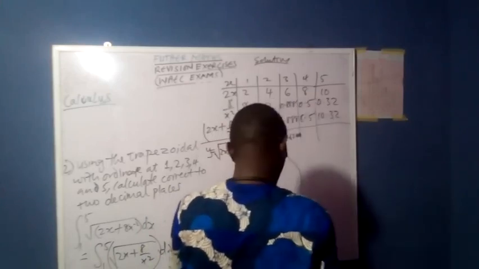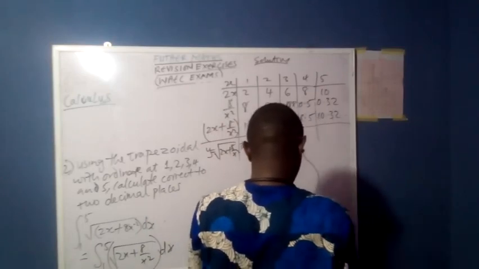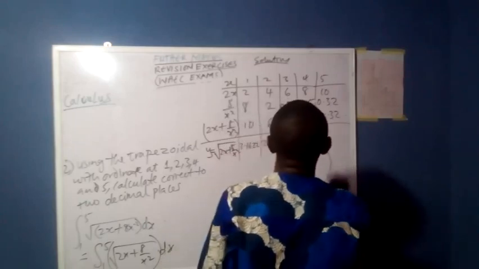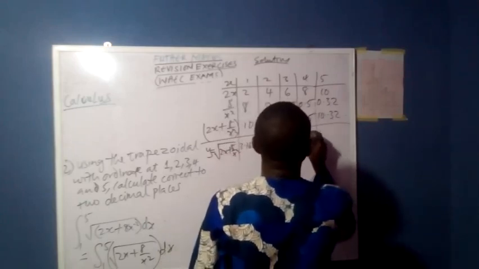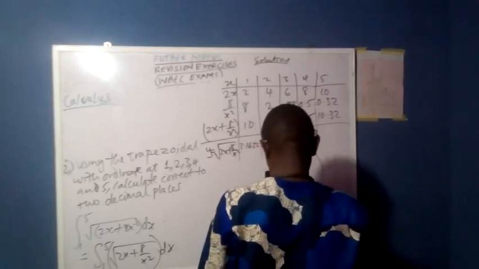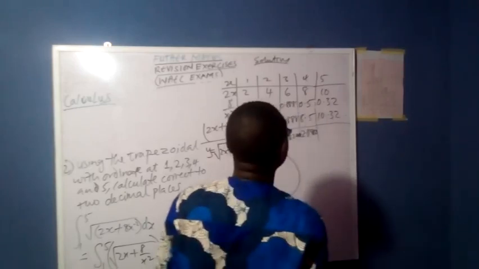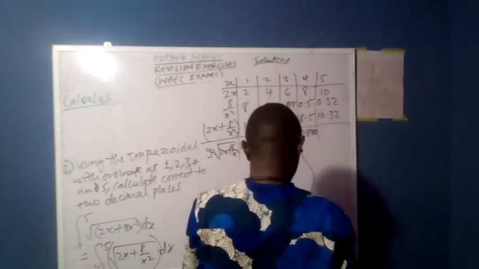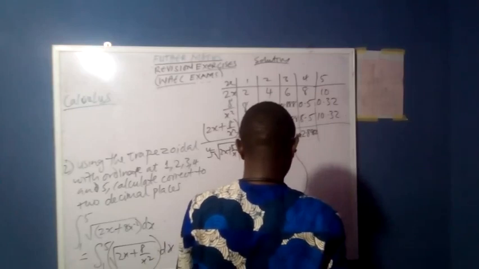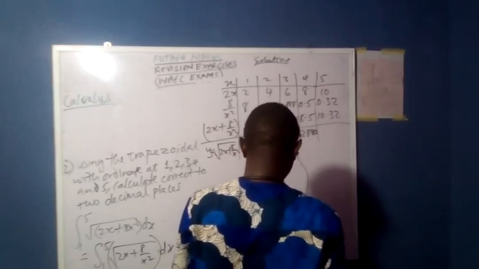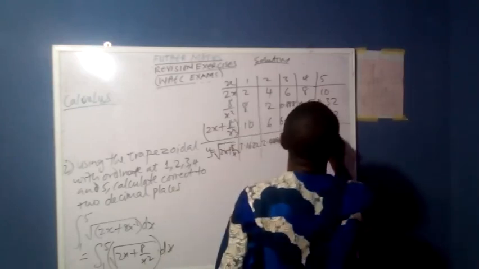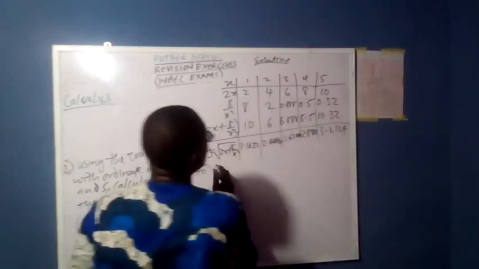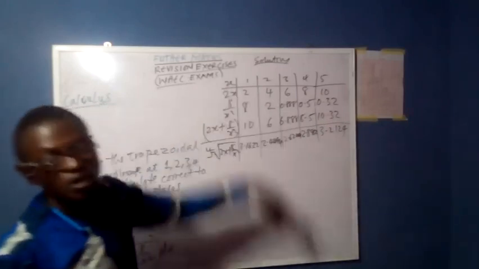Then the square root of 8.5 gives us 2.8982. The square root of 10.32 gives us 3.2124.